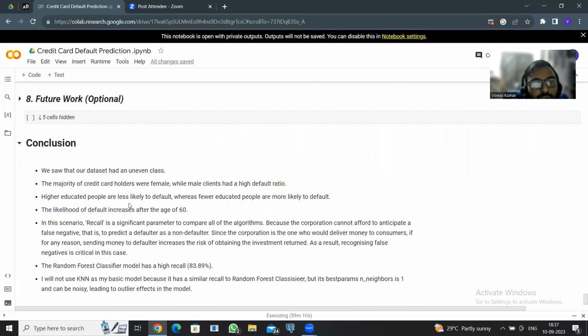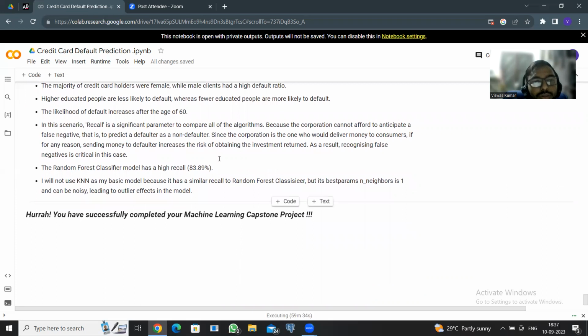Highly educated people are less likely to default. We can see that university graduates are more numerous in our case. So well-educated people are less likely to default, and less educated people are more likely to default. So the education part is going to play a major role in determining defaulters or non-defaulters.